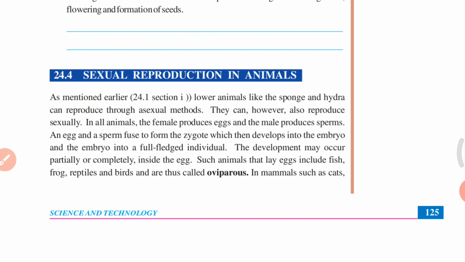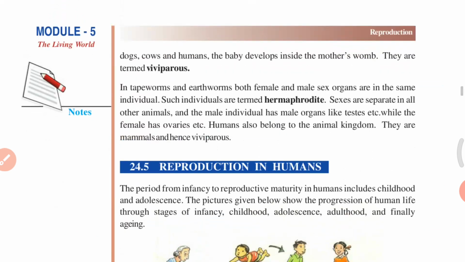Such organisms are known as oviparous organisms. Animals that lay eggs are known as oviparous. It includes fish, frogs, reptiles, birds, etc. Just like humans, cows, dogs, etc., the baby develops inside the mother's womb and is born after reaching full growth.